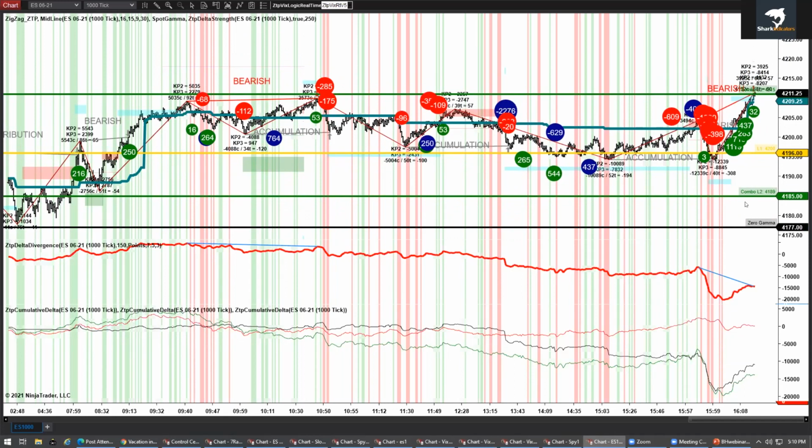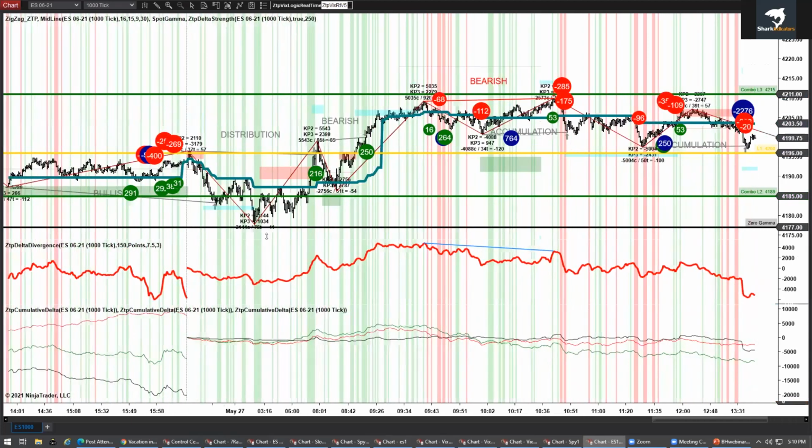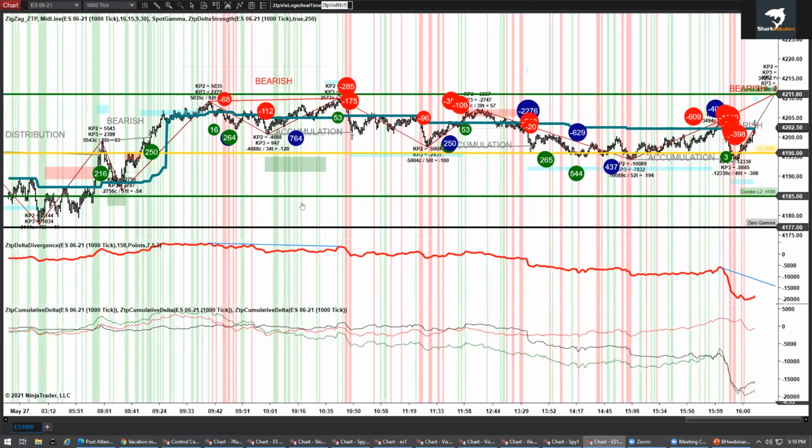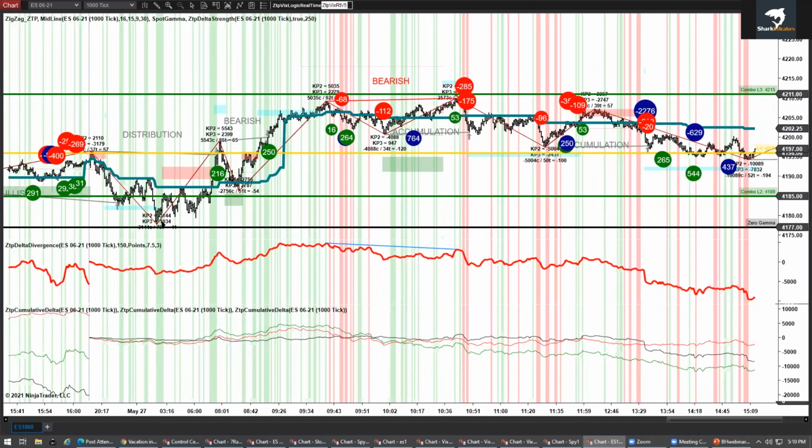And when price falls below 0 gamma here, there is a significant amount more volatility. And it's kind of interesting how this morning we traded to 0 gamma, and then they protected 0 gamma and we continued to trade higher.